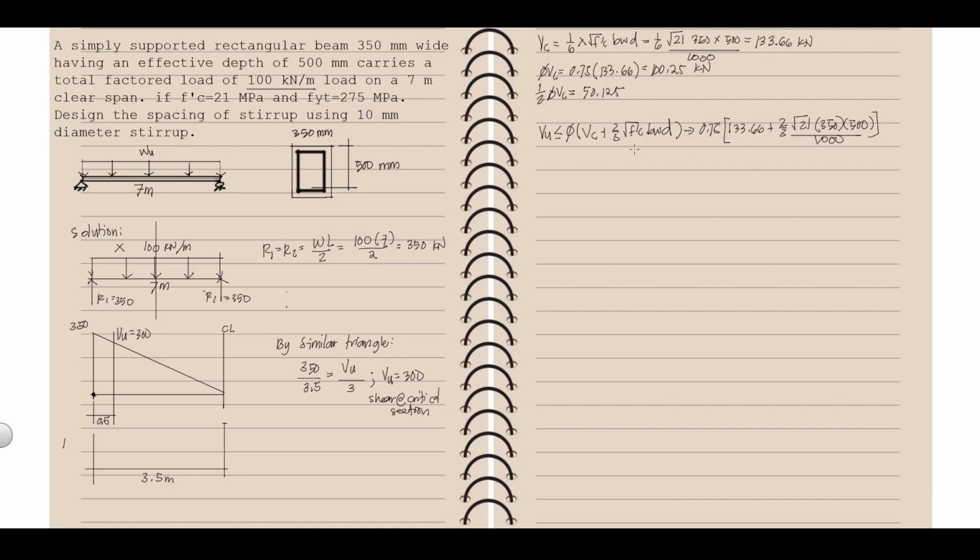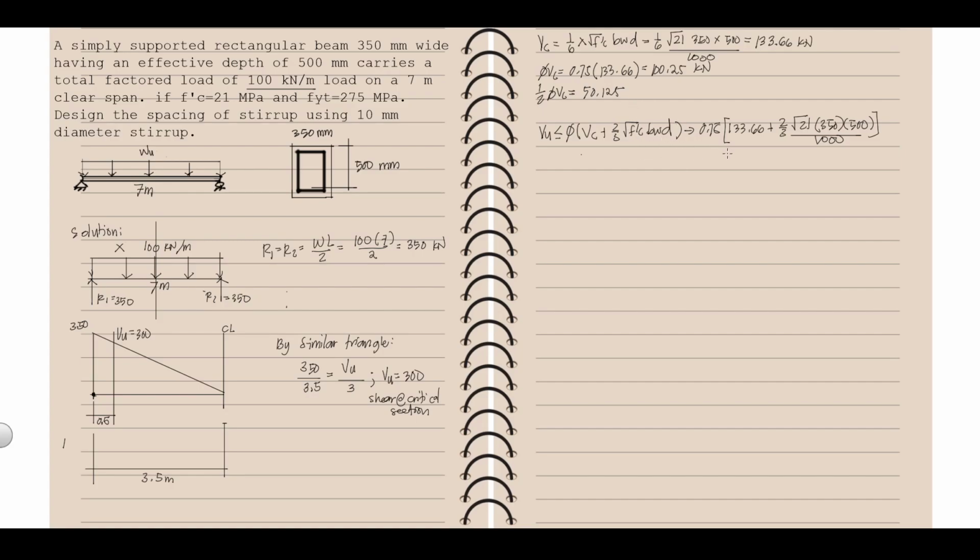Okay, so ano yung magiging value nito? 0.75. So 501.22 as our value for this cross-sectional dimension checking.